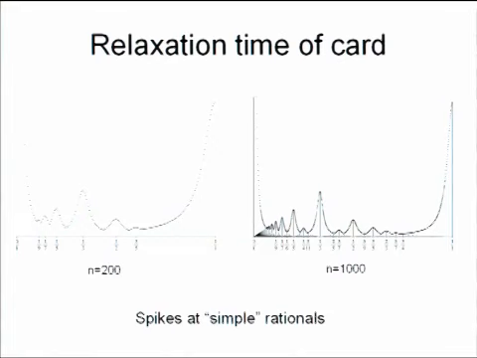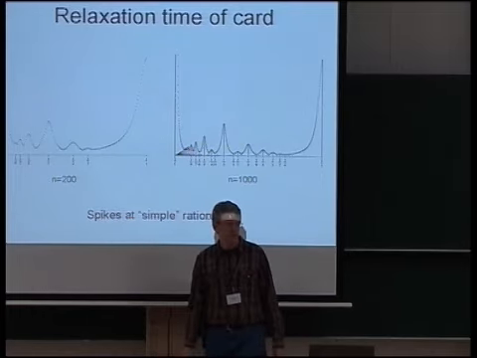Okay, so these plots are showing what happens for a large fixed value of n. n equals 200 on the left. This is the reciprocal of the spectral gap as a function of k. And you can see the bumps at simple rational numbers.